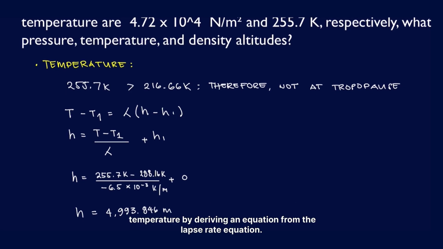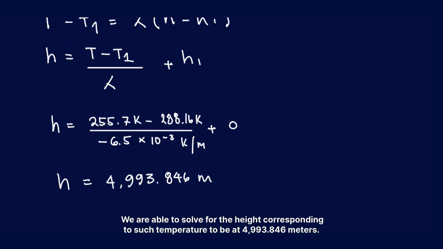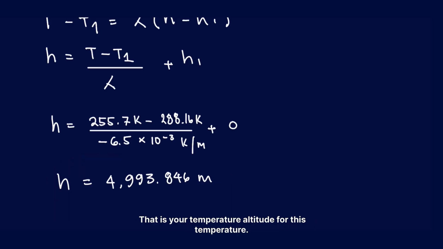By deriving an equation from the lapse rate equation, we get height is equal to temperature at the altitude minus temperature 1, that is your sea level, divided by the lapse rate value plus height 1. And with that, we are able to solve for the height corresponding to such temperature to be 4,993.846 meters. And that is your temperature altitude for this temperature.